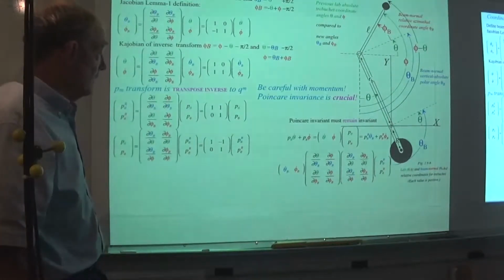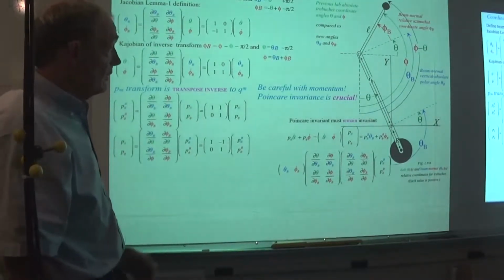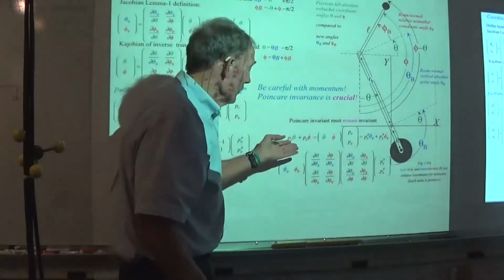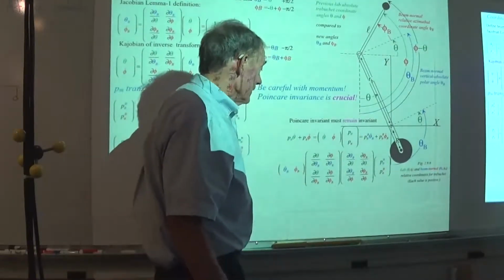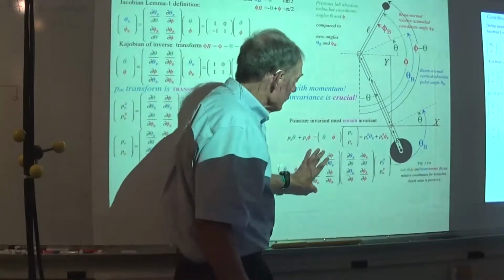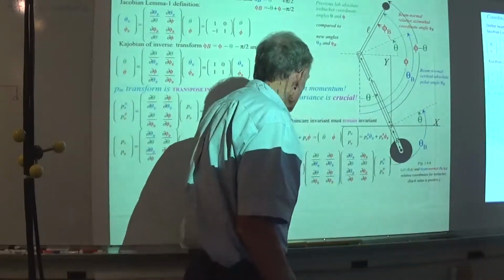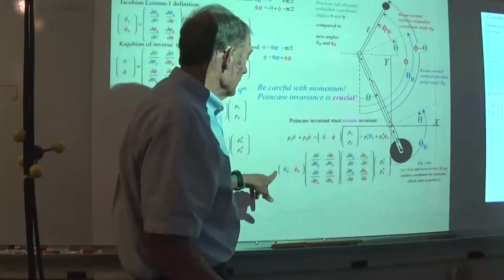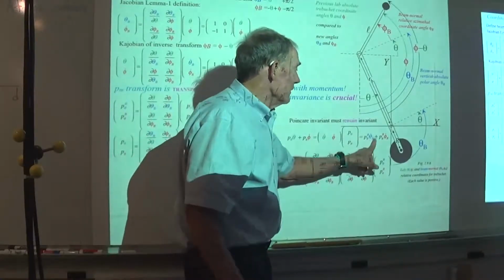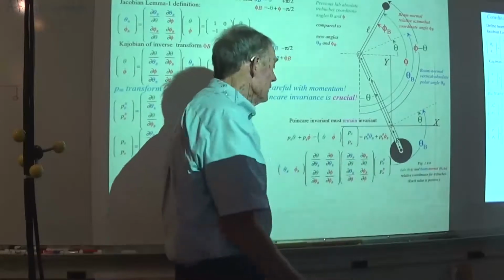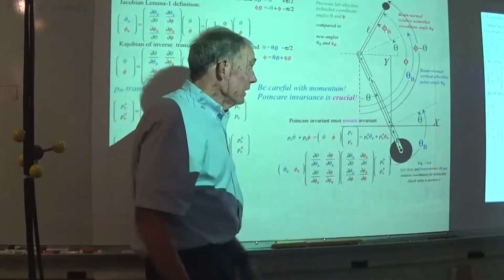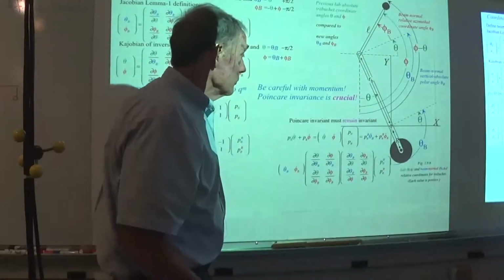That gives me the correct thing. And the reason I do that is to make sure that when I use these new guys here, I get the same thing. So I get this transformation, and its inverse right there, so that I end up automatically getting the new scalar product of momentum and scale, the new action, as being equal to the old one.